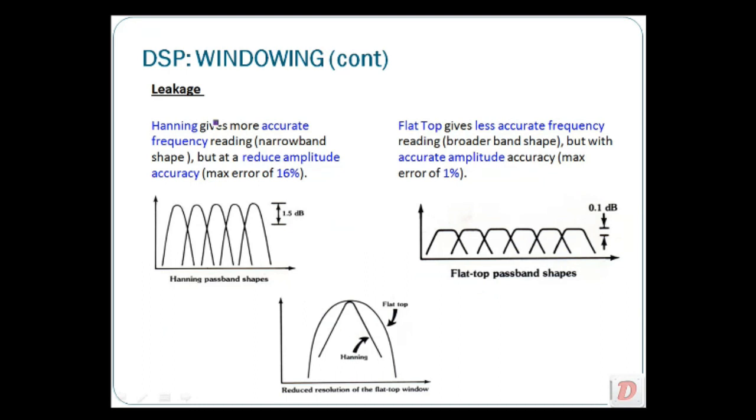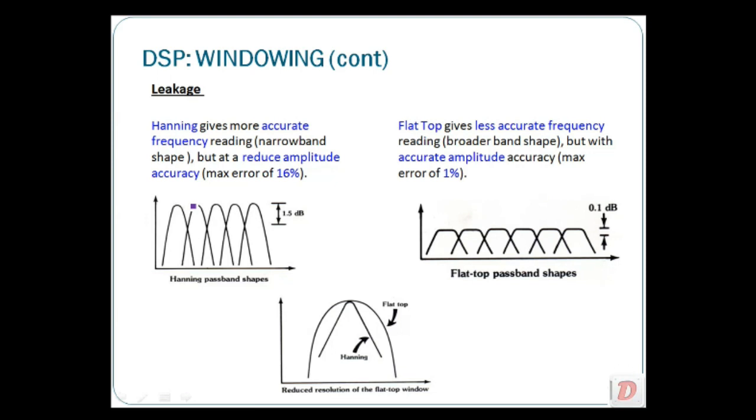So this is the function for Hanning. This is the function for flat top. If you see, Hanning gives more accurate frequency readings, but reduces the amplitude accuracy by 16%. Flat top gives less accurate frequencies, but accurate amplitude. So one is good in frequency.